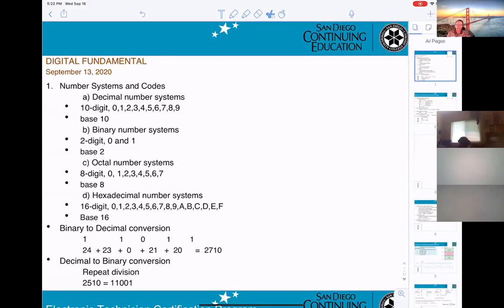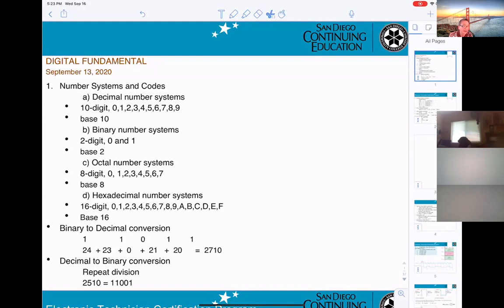And then the octal number system, they get 8 digits, so that's why they get base 8. That will be numbers 0, 1, 2, 3, 4, 5, 6, and 7.